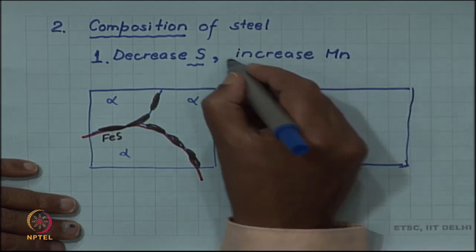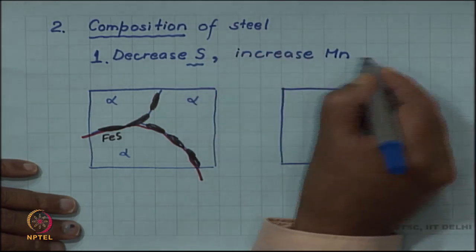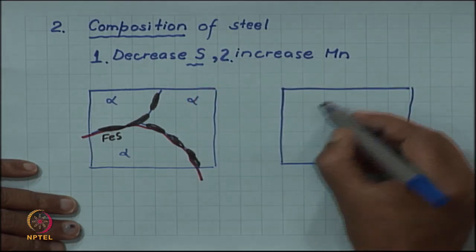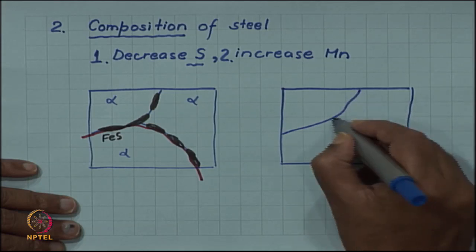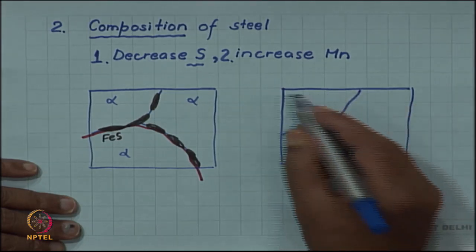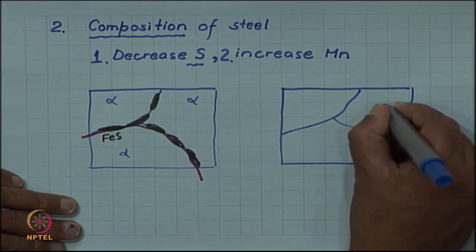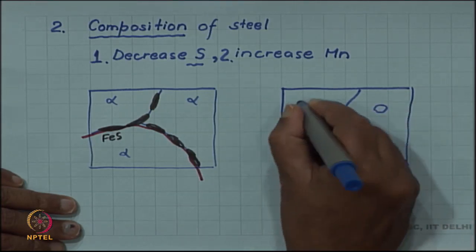Another factor is to add manganese to the steel. What this manganese does is to react with sulfur and form globular manganese sulfide.